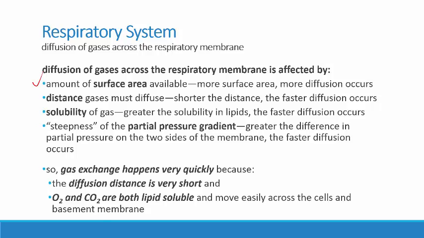The third factor affecting diffusion is how soluble the gas is. The greater the solubility of the gas in lipids, the faster diffusion occurs. The gases will dissolve very easily into lipids, and so they can move across the membrane very quickly and easily.